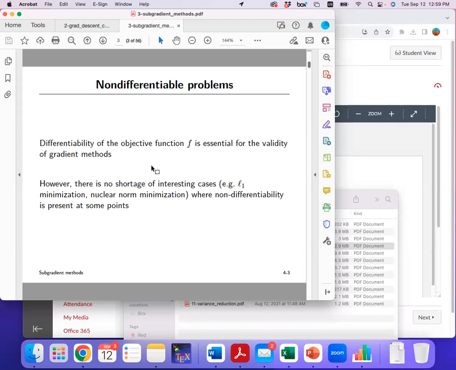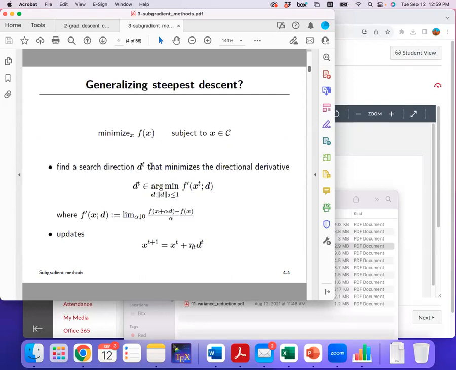And in these cases, those methods simply do not apply. So we want to generalize the previous idea, the previous gradient-based algorithm framework, to work for the non-differentiable cases.